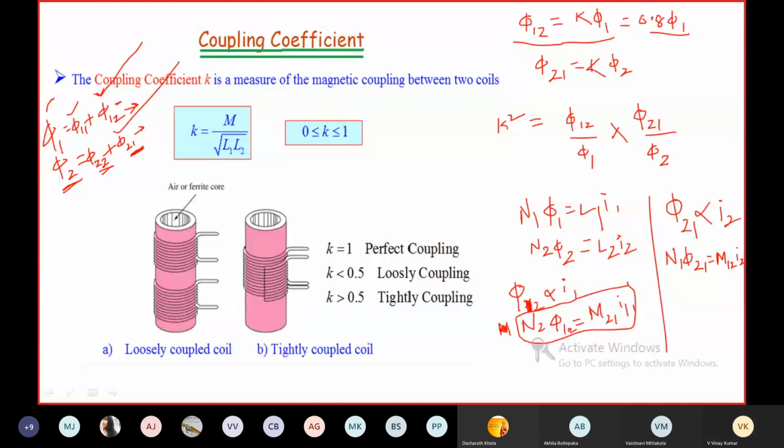Okay. So in case of φ12, we put all equations, all four equations.